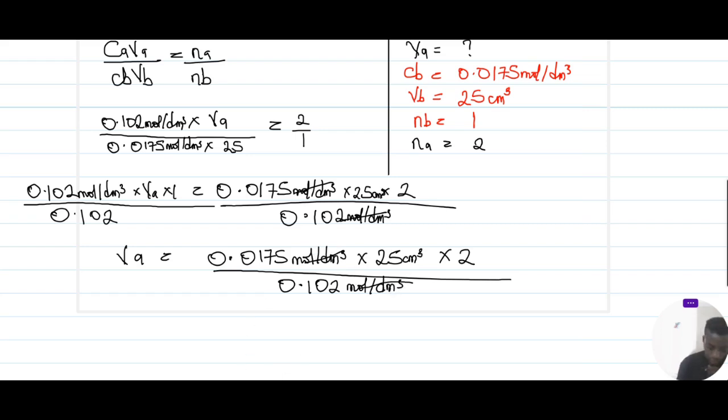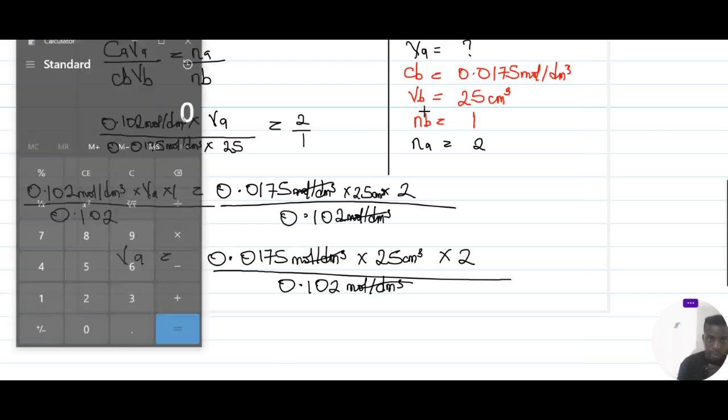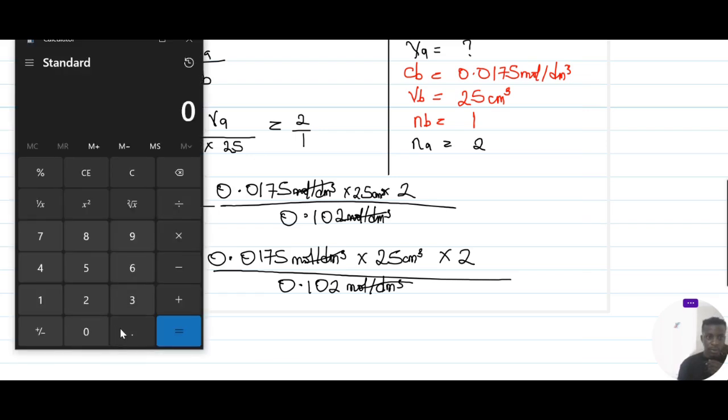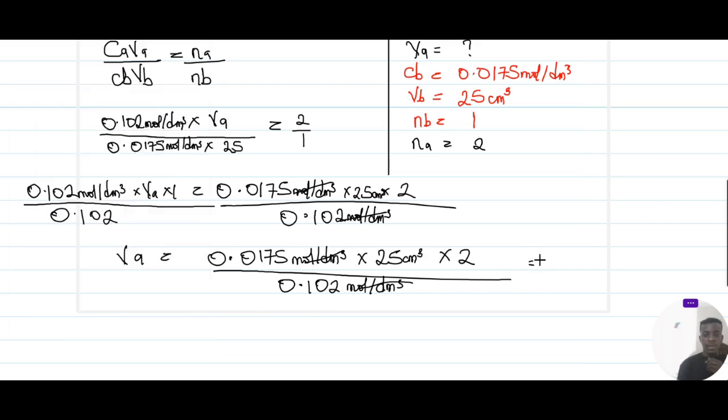So if you do the calculation, let's do it together: 0.0175 times 25 times 2. All right, we have 0.875. Now we divide by 0.102. We have approximately 8.57 or 8.60.